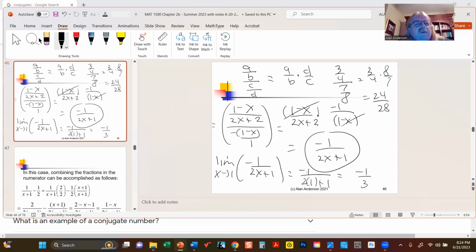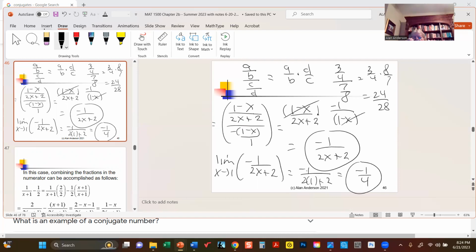Yeah, that was the whole problem right there. All right. So the final answer is negative 1/4.